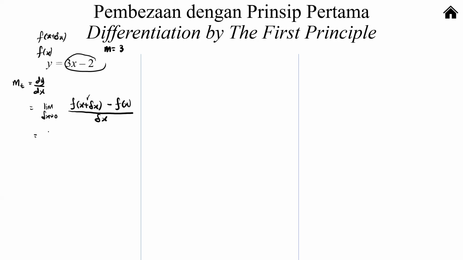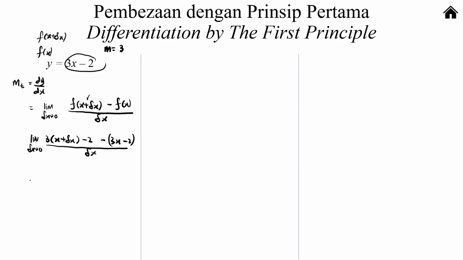So it will be 3(x plus delta x) minus 2, minus f(x), so minus (3x minus 2). Are you okay with this? Over delta x. Oh, don't forget the limit notation.